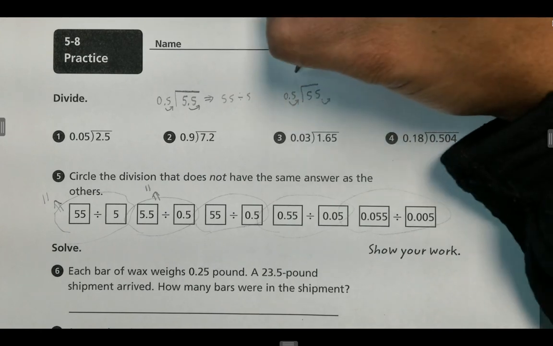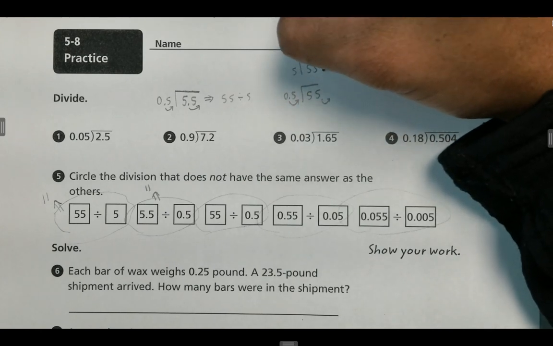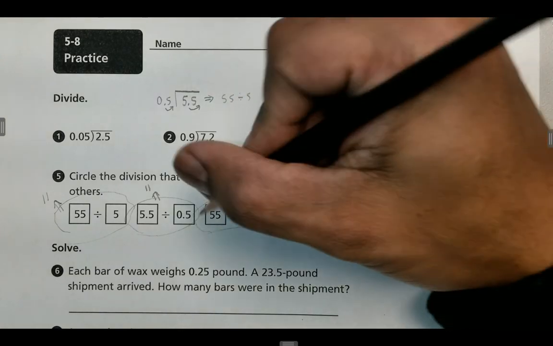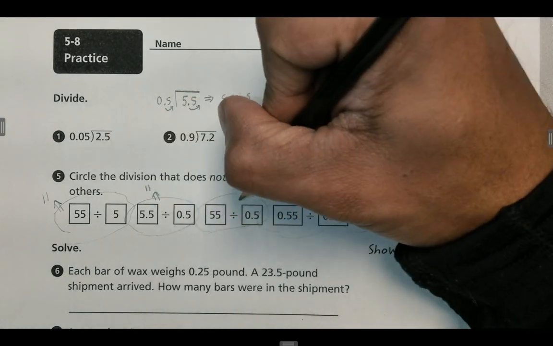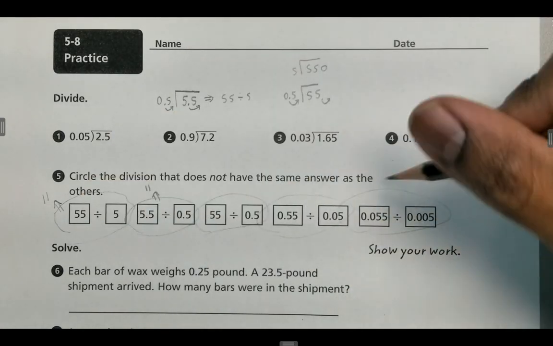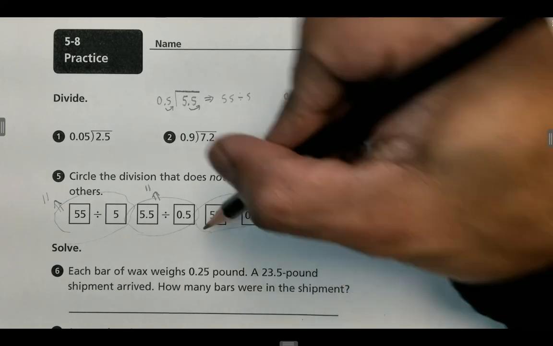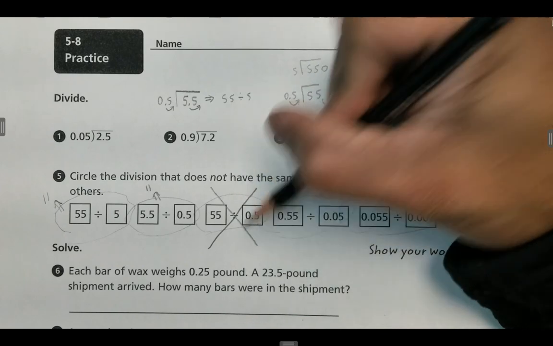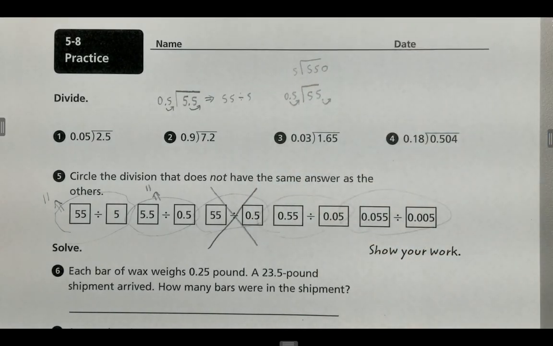And now this problem becomes 550 divided by 5, doesn't it? So I'm saying that this is our oddball. And I know we were supposed to circle the one that doesn't, and I circled all of them. But I'm thinking that instead of circle, I'm just going to put an X through that. I think this is the one that's going to be the oddball.